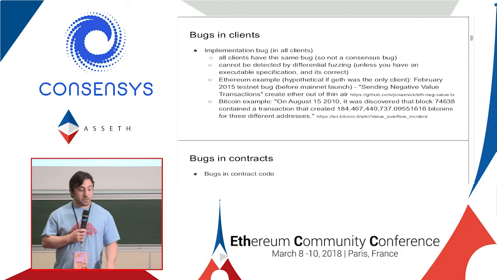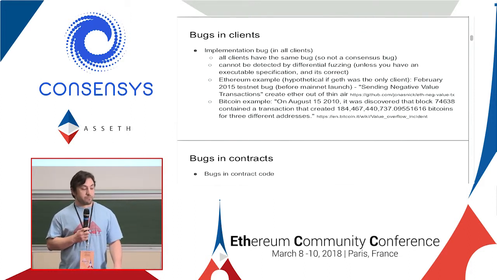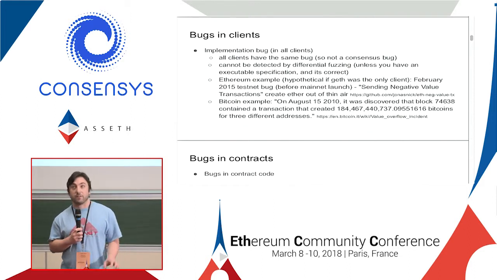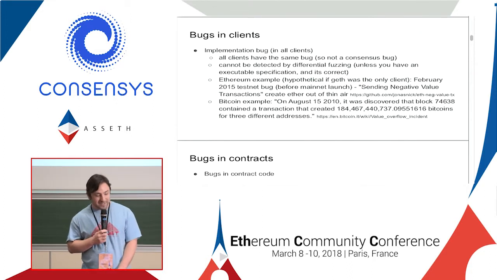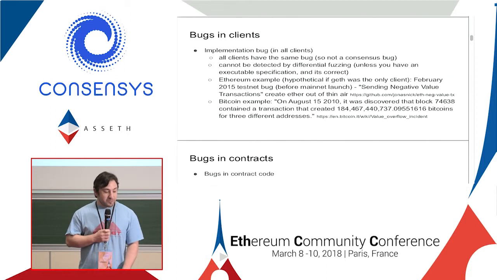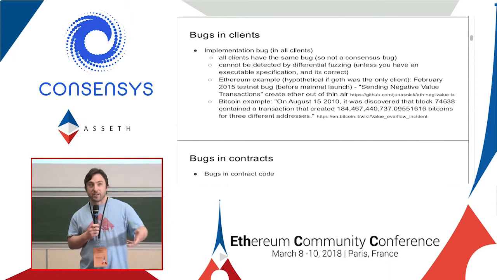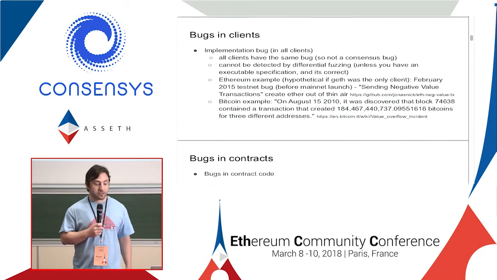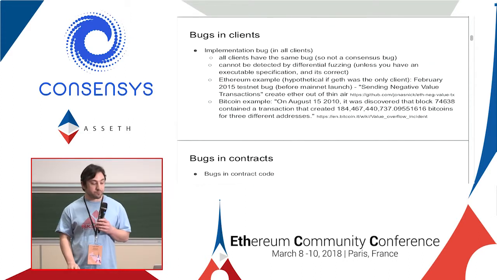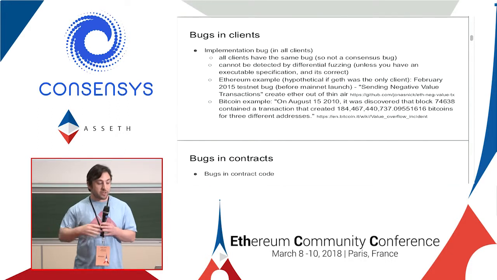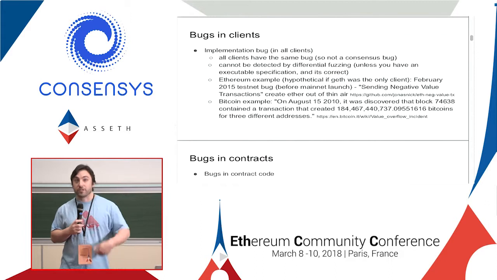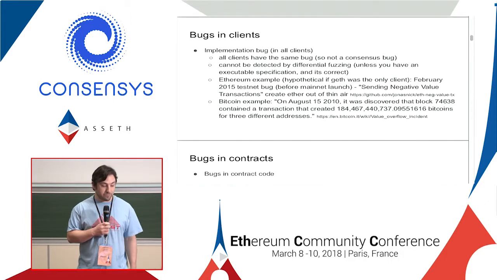The type of bugs that fuzz testing cannot detect is when it's the same bug in all the clients. If you have an executable specification like KEVM, then you could potentially detect it because it's a correct reference implementation that you can fuzz test against.